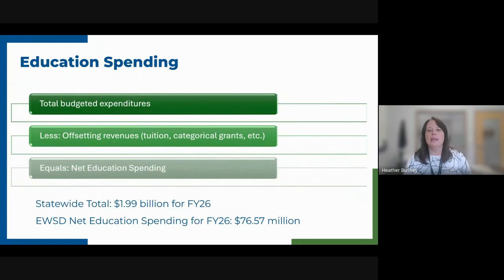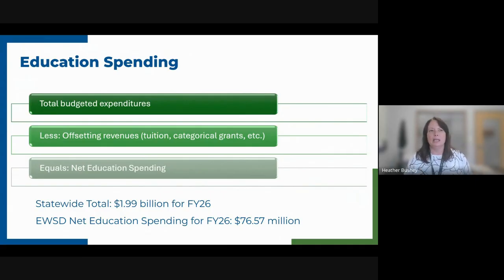So the way that we calculate what the Ed Fund needs to pay each district is districts come up with a calculation of what their total expenditures are going to be. We deduct from that number offsetting revenues, which include things like tuition, categorical grants that we get from the Agency of Education, and other miscellaneous local funding.